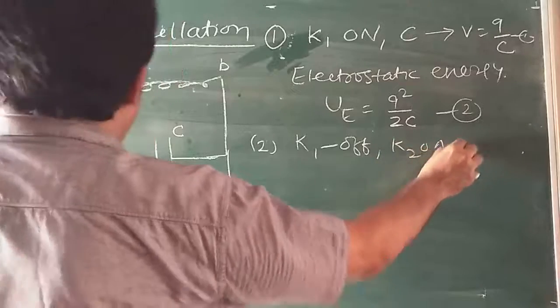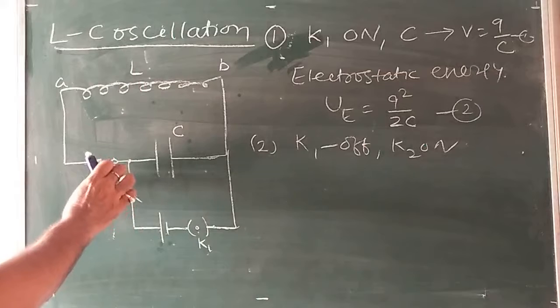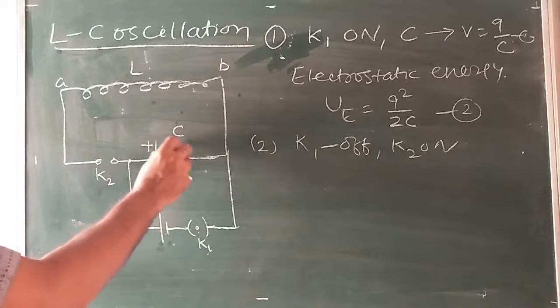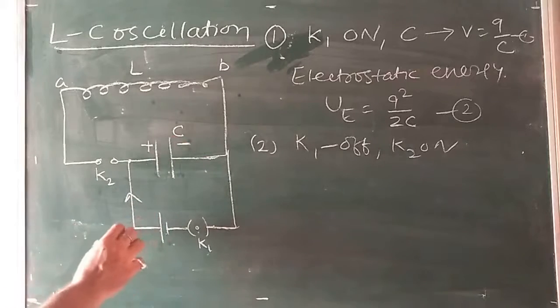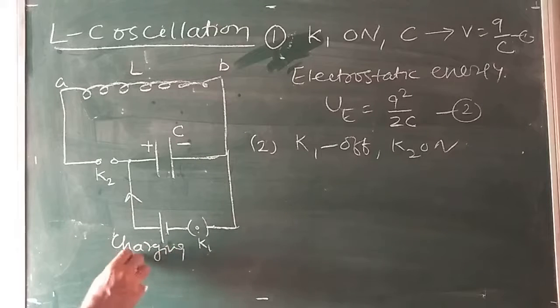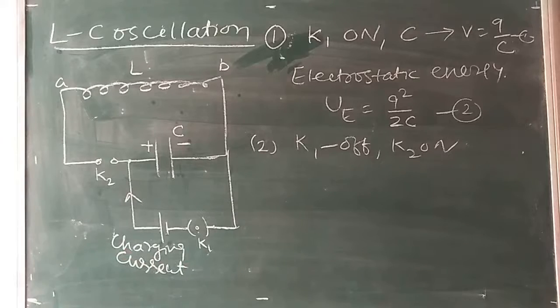In the second step, we remove the plug of key K1 and put on K2. Say the capacitor plate is positive and this is negative. This current which is flowing here is called the charging current.